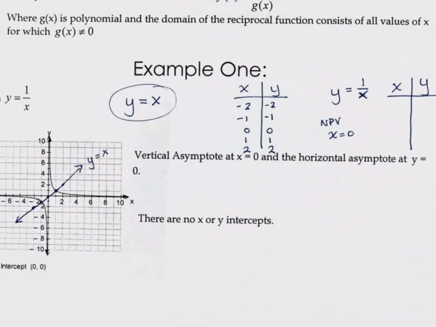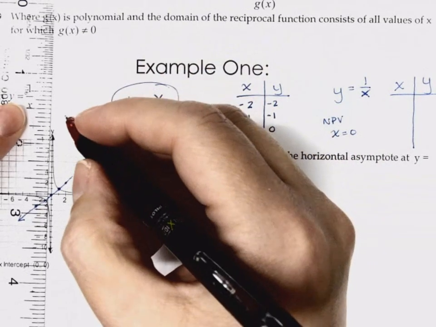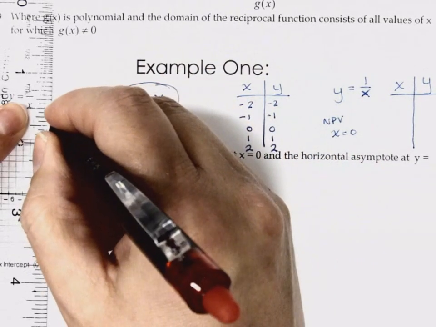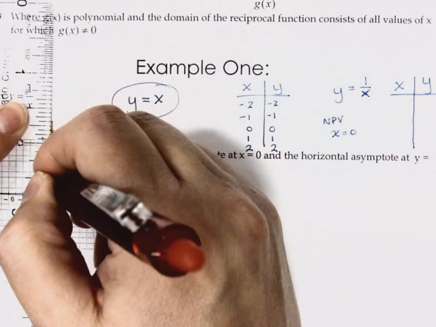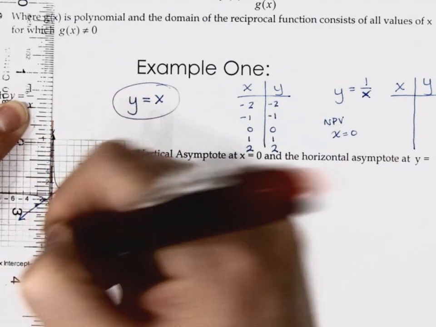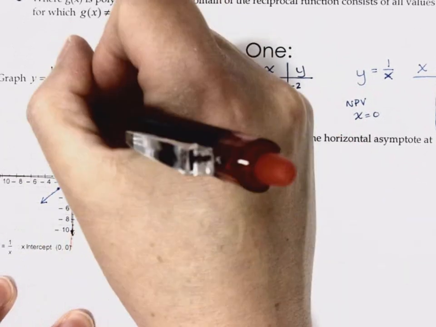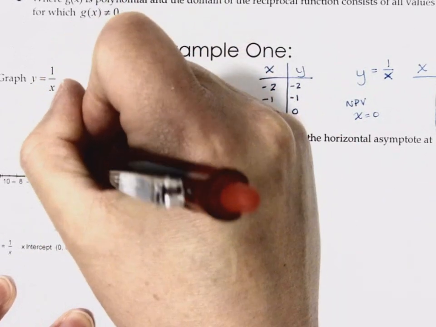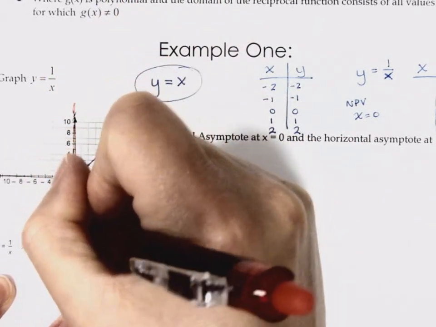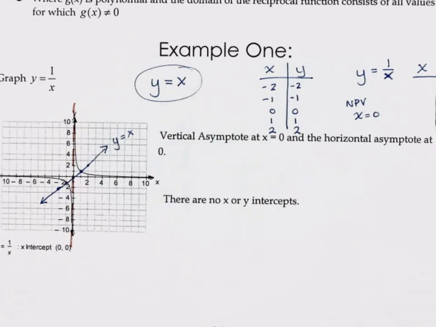So I'm going to go back to this graph, and I'm going to grab a red pen. So I know I'm going to have a vertical asymptote along the y-axis. It's kind of hard to see, sorry. My red isn't very bright. So create it with a dashed line.